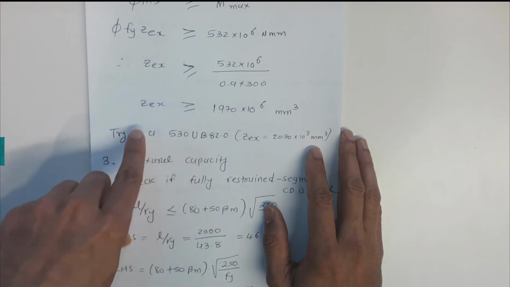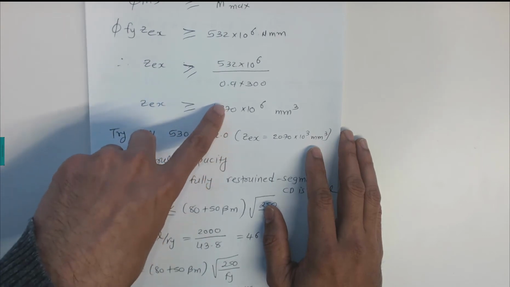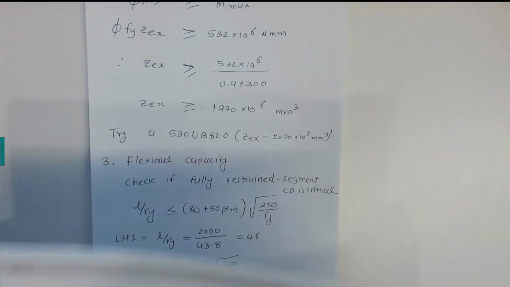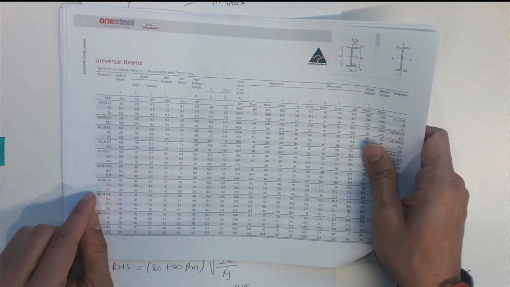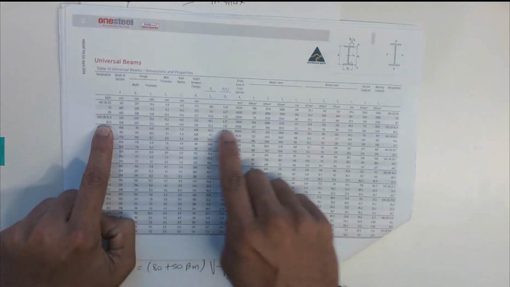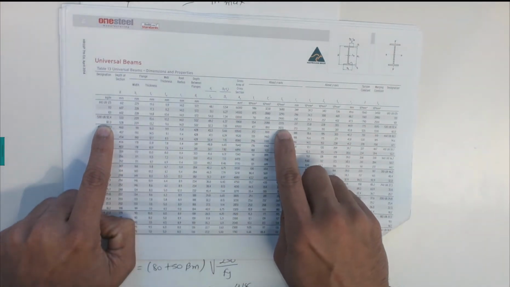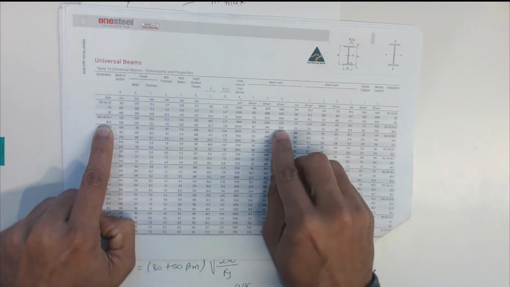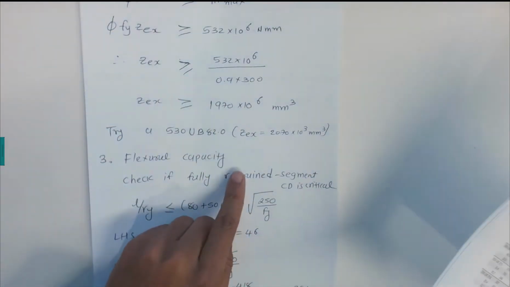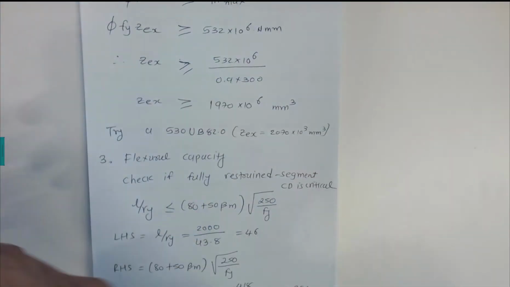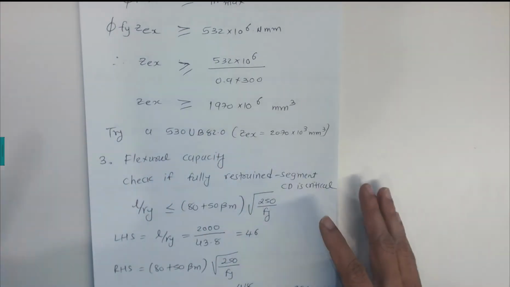Now we need a trial beam with a section modulus greater than 1970. The 530 UB 82 has a section modulus Sx of 2070 times 10 to the power 3, which is greater than 1970, so we're going to try the 530 UB 82.